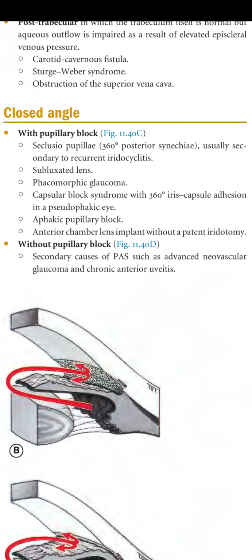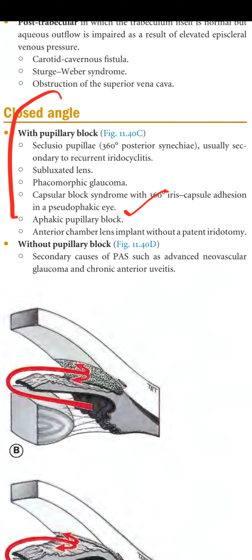Subluxated lens, phacomorphic, so these are all causing obstruction of the pupil. Phacomorphic glaucoma, capsular block syndrome with 360-degree iris capsule adhesion in a pseudophakic eye. We will discuss all of these in the coming lectures. Pupillary block: anterior chamber lens implant without a patent iridotomy.